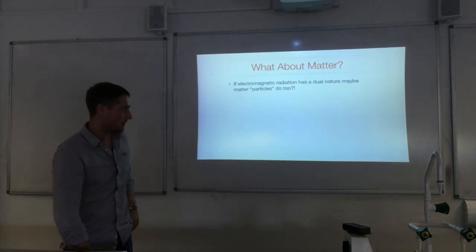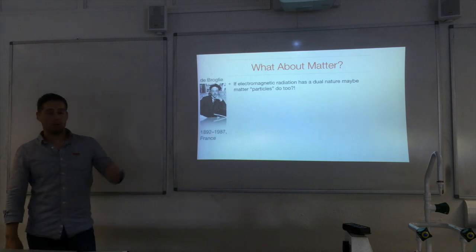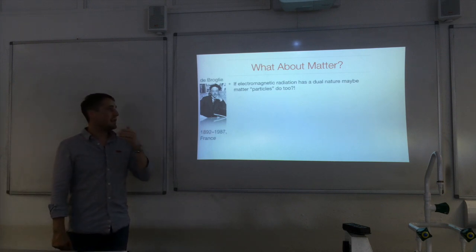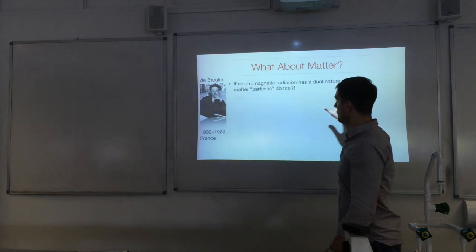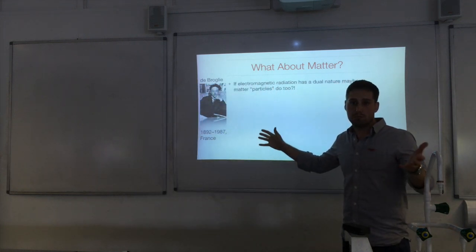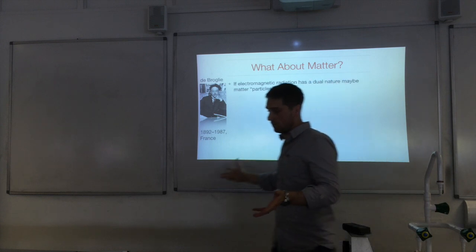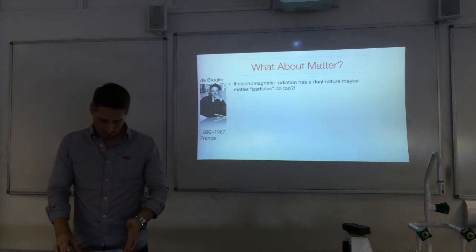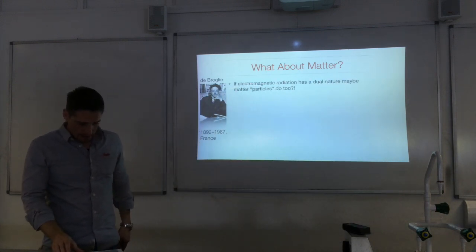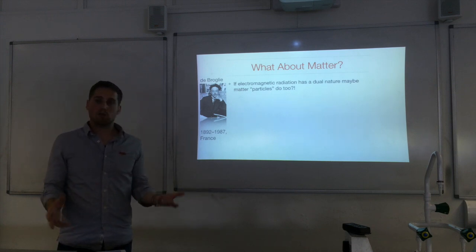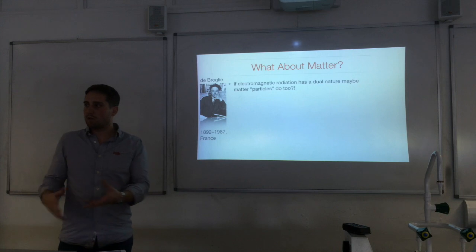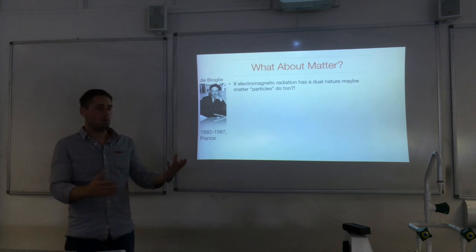Then matter. What about matter? Louis de Broglie said, well, if electromagnetic radiation has a dual nature, then maybe matter particles do too. That was his idea. And so here we're thinking of things like electrons, neutrons, protons, things that we've always thought of as particles.